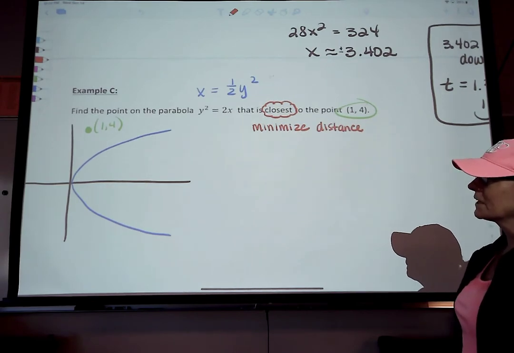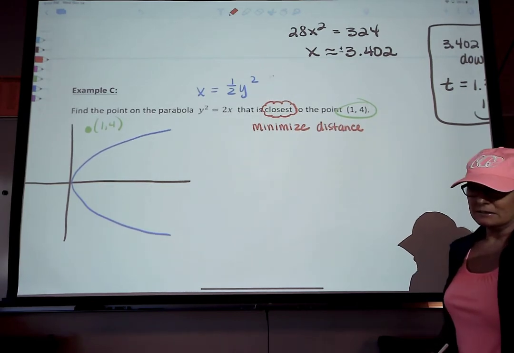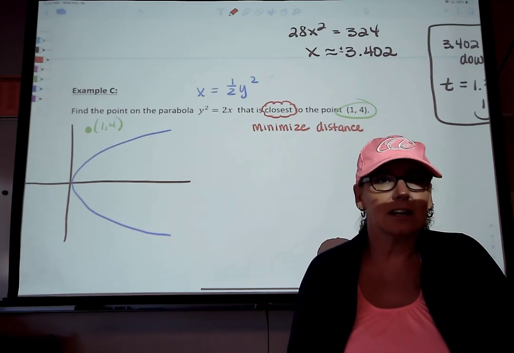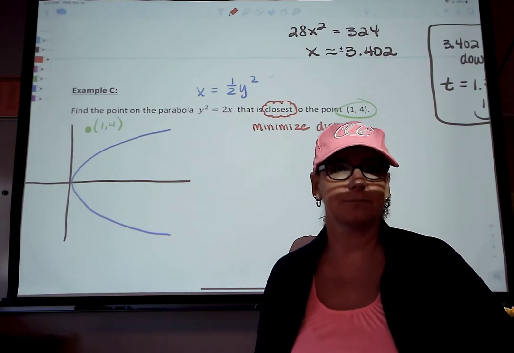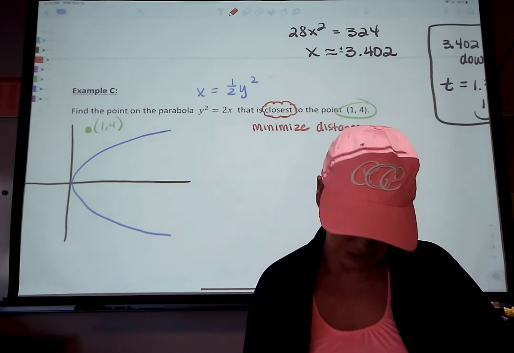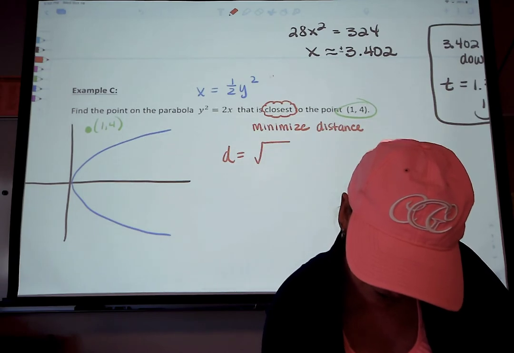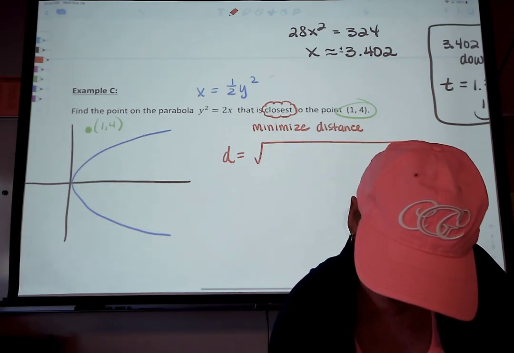All right. So what that means is we need a distance equation. Holy moly. We need an equation for distance.